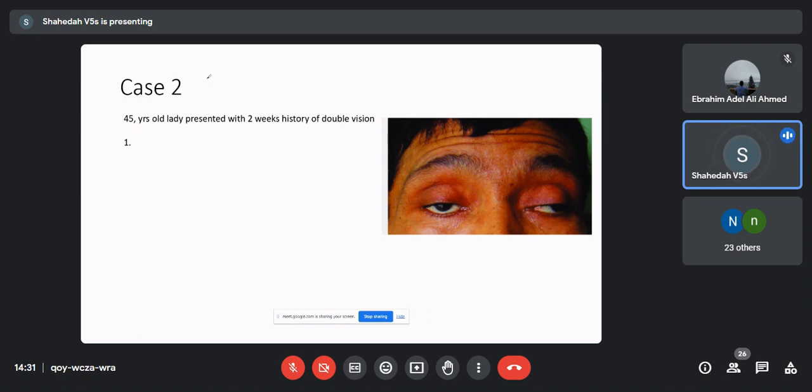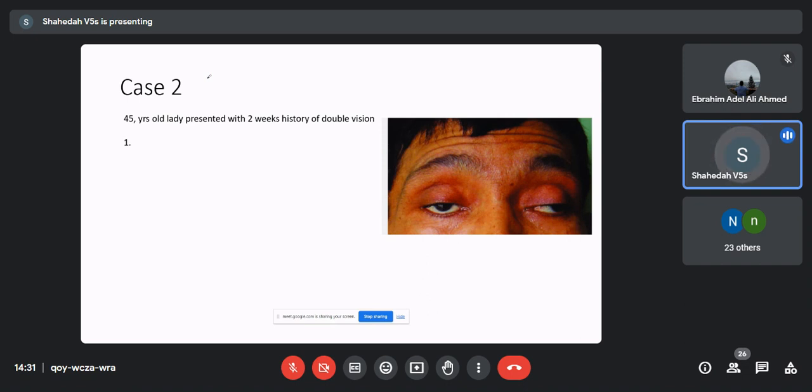For example, in oculopharyngeal muscular dystrophy, myotonic dystrophy, and mitochondrial diseases, and thyroid eye disease, which can cause bulkiness or fatty infiltration of the rectus, can also push and misalign the eyeball and lead to diplopia.